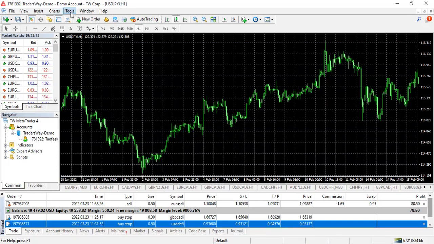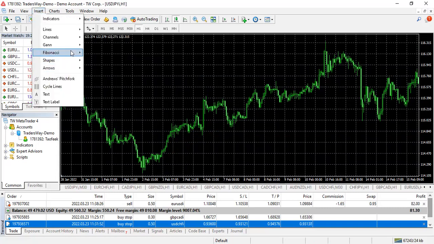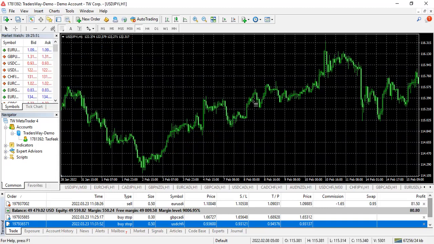So when we want to use Fibonacci to set our stop loss, we still go back to our Fibonacci retracements.